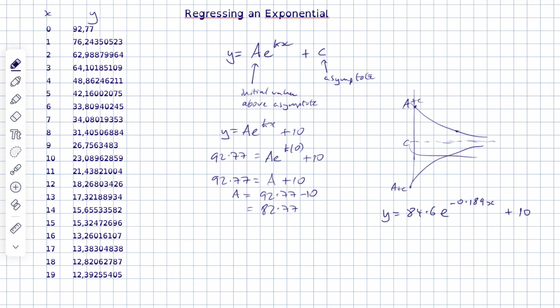And then if we choose one other point here, it doesn't matter which one we choose, any point. So if we choose 0.5, for example. In fact, let's do it for any point. If I choose any of the y and x values, we'll call them x1 and y1, which is a point on the curve, I get y1 equals 82.77 e to the k x1 plus 10.